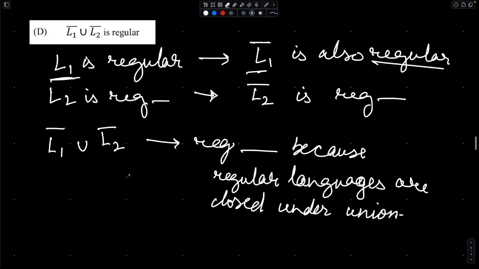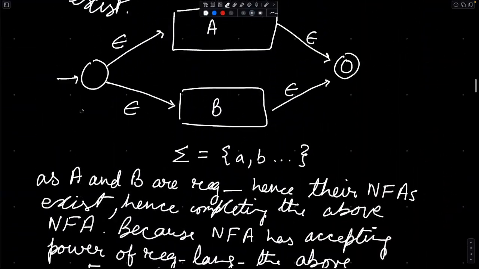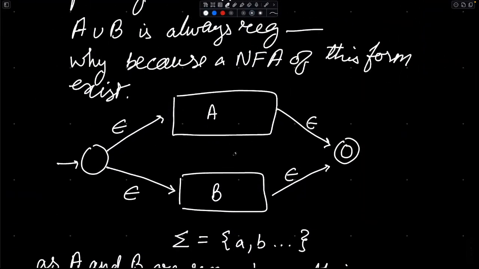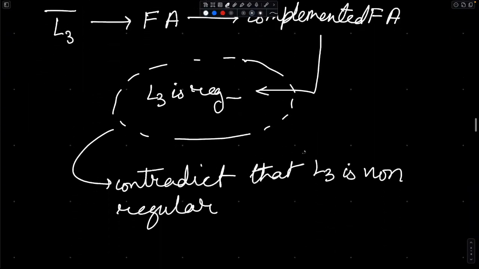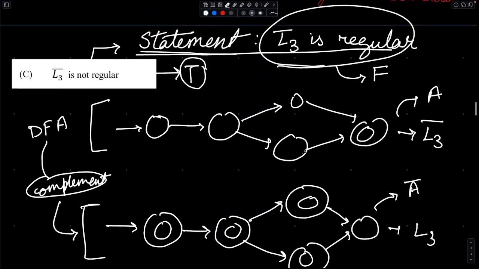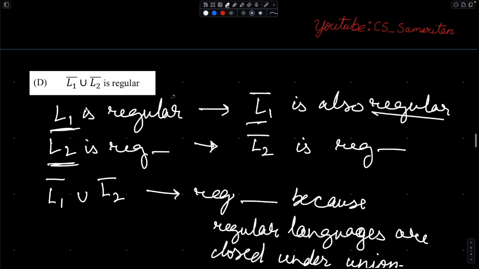Right now we know that for complements the regularity still remains, and the union of two regular languages is always regular. This is also something which I have shown here, right? The union of two regular languages also gives us a finite automaton, hence that is also regular. So this whole thing must also be regular.